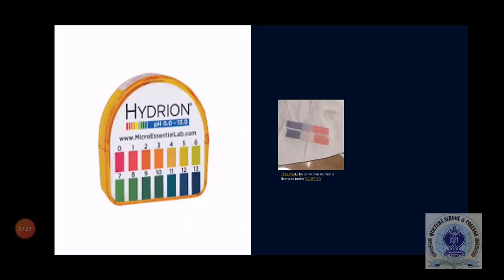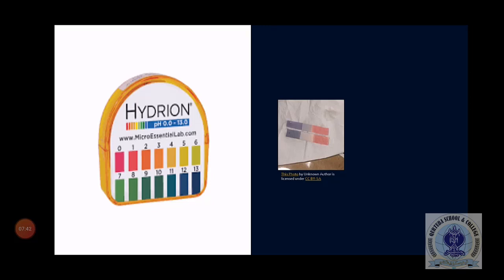In the picture you can see that we are given litmus paper. The reddish part indicates that it was dipped in acidic solution, while the bluish part indicates that it was dipped in basic solution. When you dip a filter paper, litmus paper or pH paper in any solution, you might get the following colors, and these colors indicate some pH values.